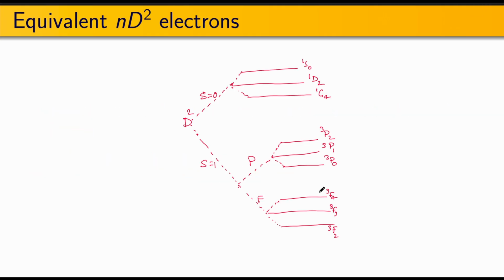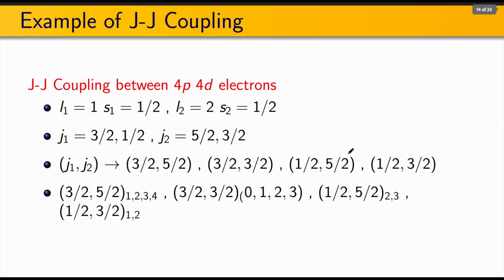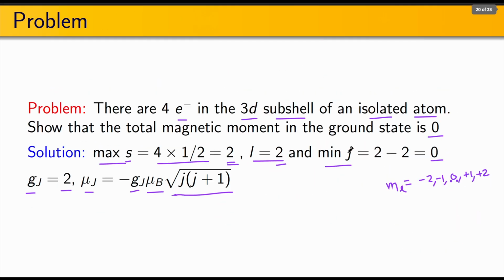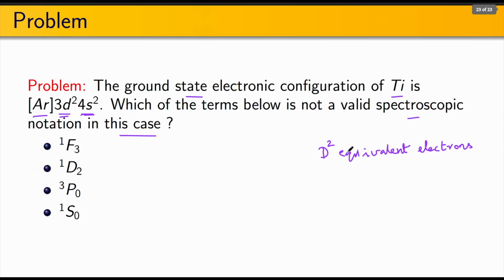You can see 1S0 is there, then 3P0 is there. The terms they have given are 1S0, 3P0, 1D2 and 1F3.